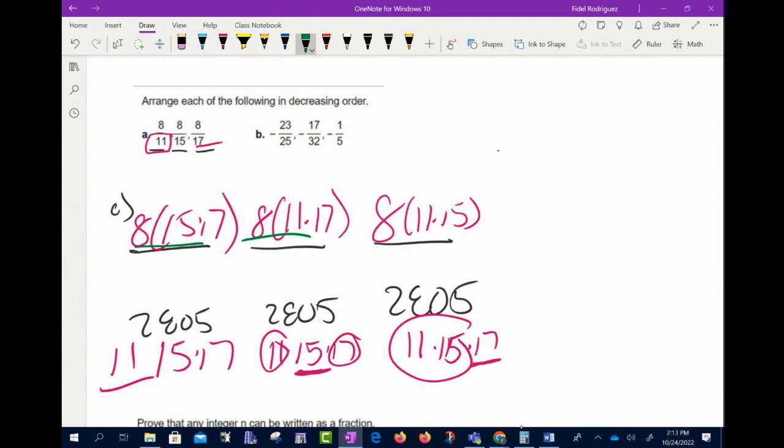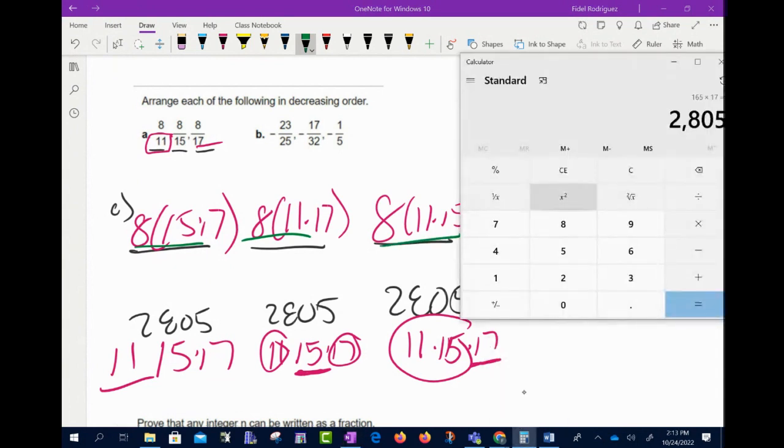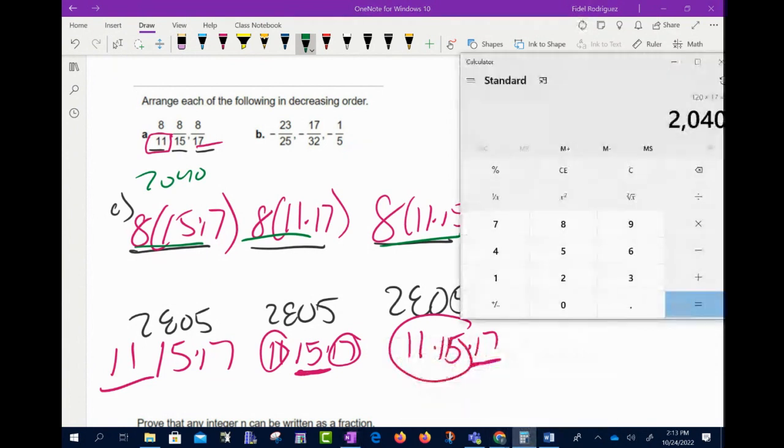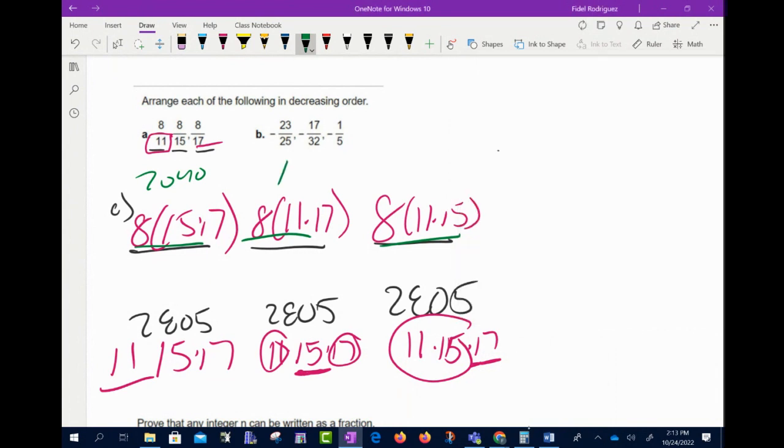What I want to do is figure out what each of those numbers are on the tops, okay? So look, 8 times 15 times 17, that number is 2040, okay? Let's do it again. 8 times 11 times 17, that number is 1496.